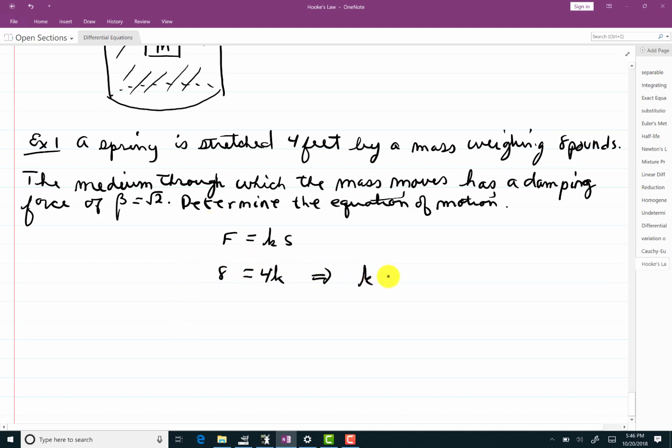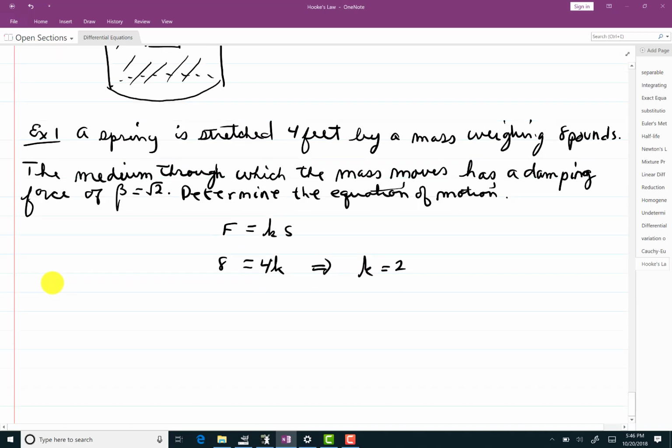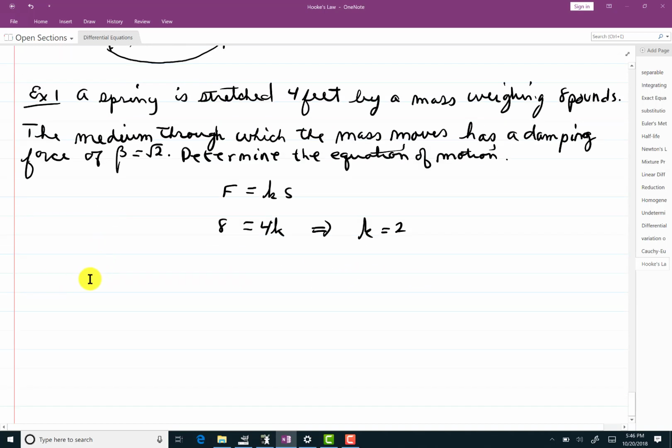So we'll take k is equal to 2. To get the mass, remember that 8 pounds equals mass times gravity, and gravity in the American system of measurement is equal to 32 feet per second squared. So my mass is equal to 1/4 of a slug.